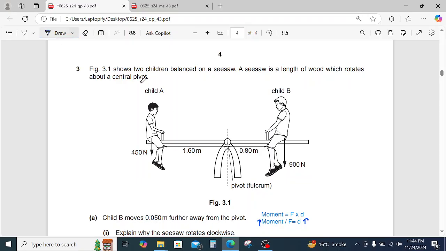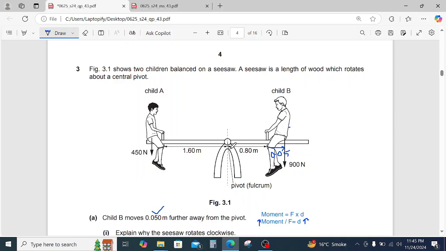It means child B is moved from this position further to the right by 0.05 meter. You have to add 0.05 meter to 0.8, then you will get the proper perpendicular distance from this pivot point. So I will write here 0.05 meter. Explain why the seesaw rotates clockwise.